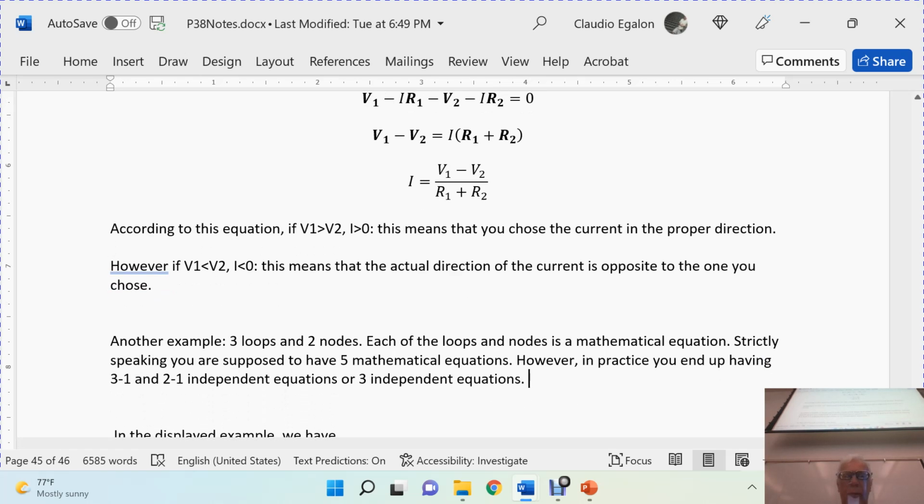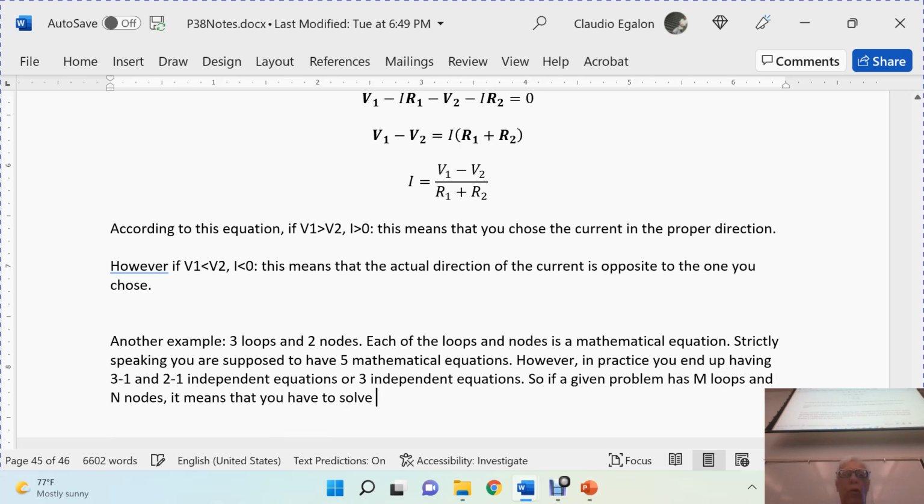So remember that if a given problem has m loops and n nodes, it means that you have to solve a system of m minus 1 plus n minus 1 independent equations.